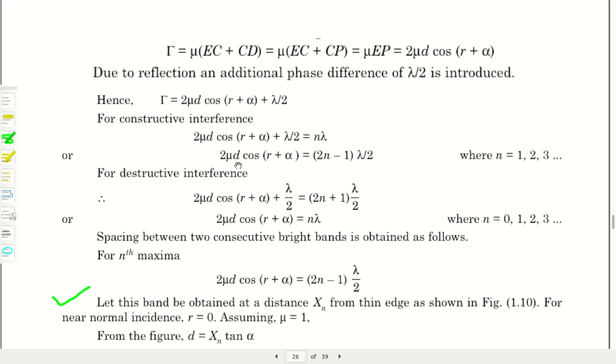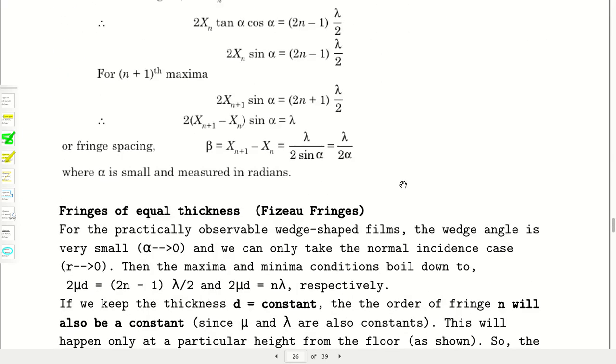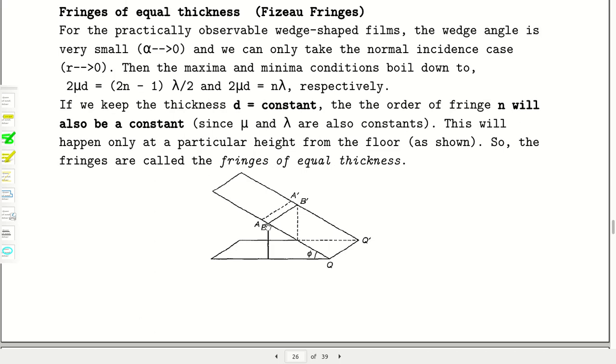If you don't vary the thickness d, then you will get the same order at that point, whatever it is, max or min, but the order will be the same. See the 3D picture here. BB prime is a line which is at the same height from the bottom surface of the film. So d is equal at every point between B and B prime on the straight line.